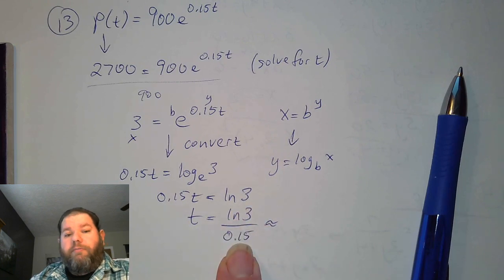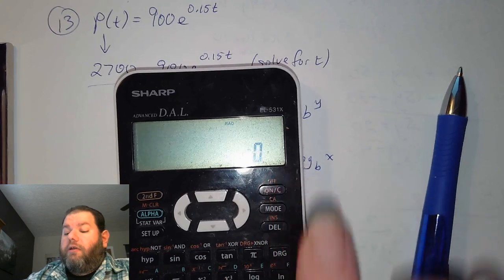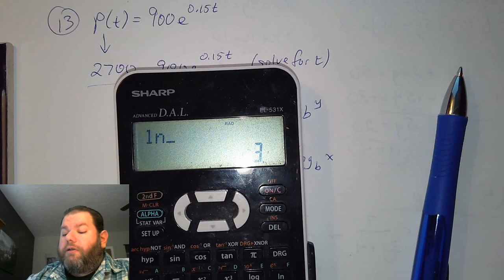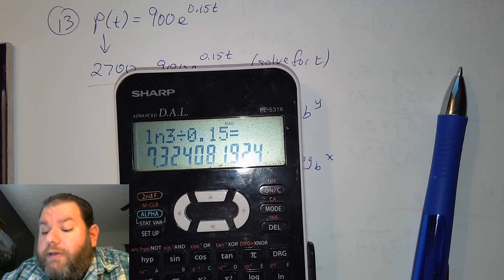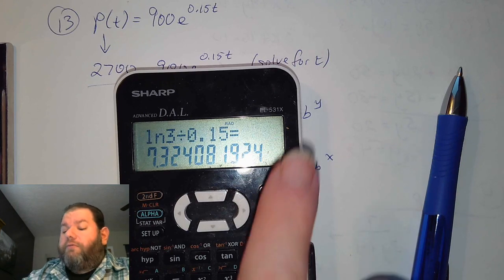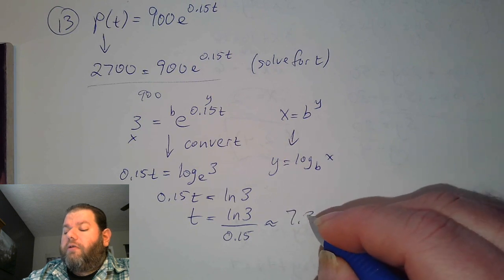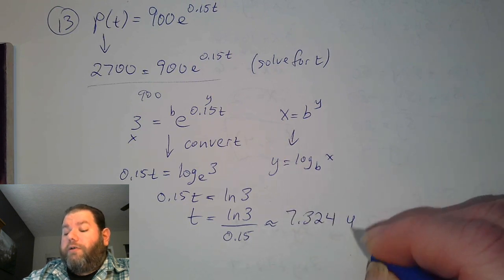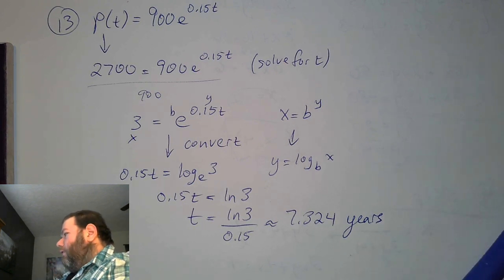Natural log 3 divided by 0.15 gives us a value of 7.324 years. If you look at the answers, we should have our answer there. Yeah, answer A, 7.32.